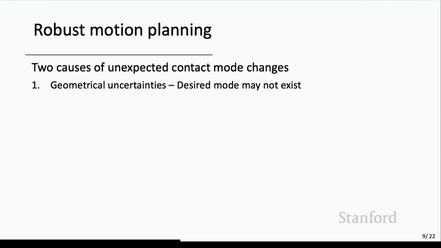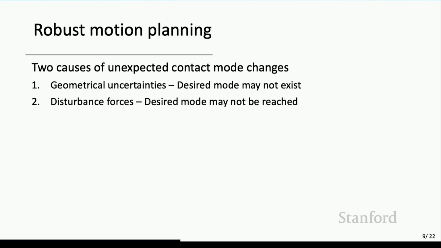The first one is geometrical uncertainties: the shape of the items you're interacting with is not accurate, which means your desired contact mode might not even exist. And second is disturbance forces: the mode exists, but you don't have the right force to stay within it. Both can be quantified and used as metrics, so we have some numbers we can compute to evaluate how reliable a certain mode is.